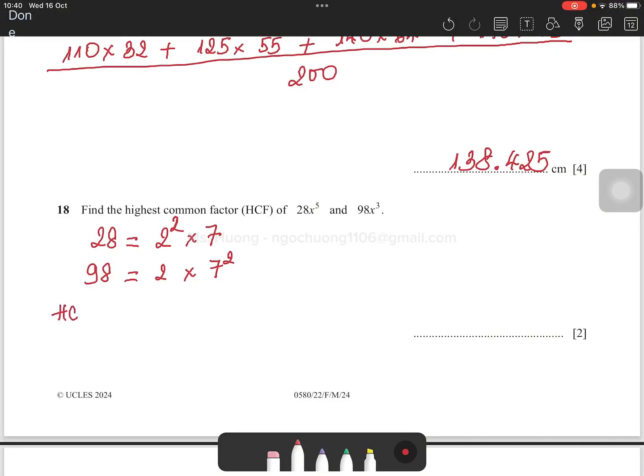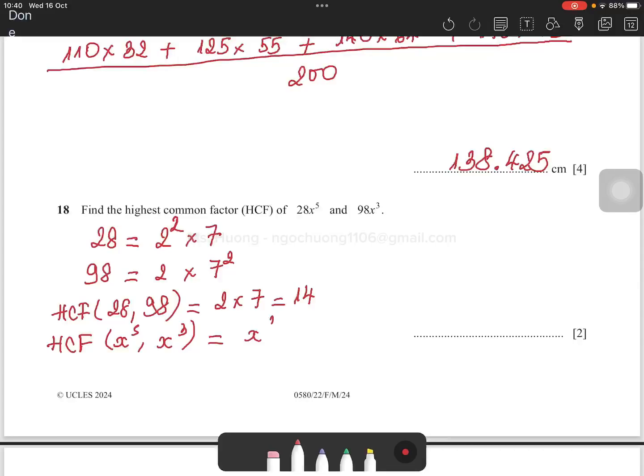So the highest common factor of 28 and 98 is 2 times 7, which is 14. And the highest common factor of x to the power 5 and x cubed is x cubed. So we'll combine these two together. So the answer is 14x cubed.